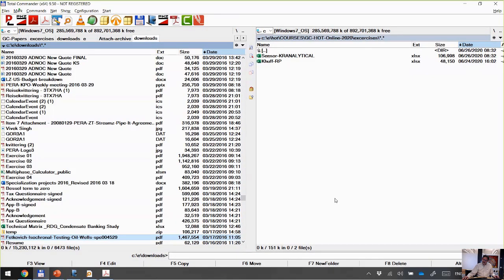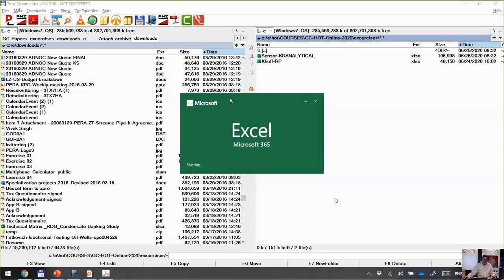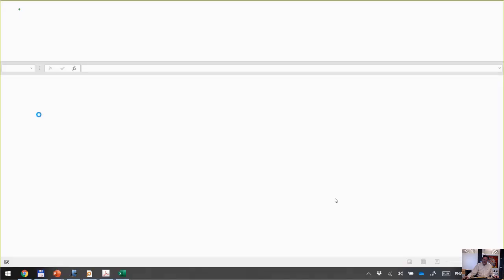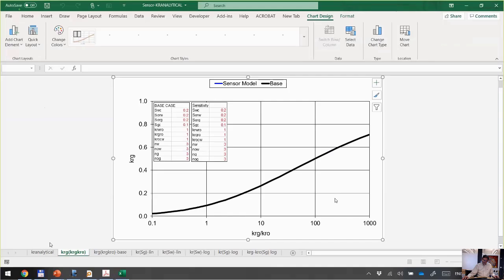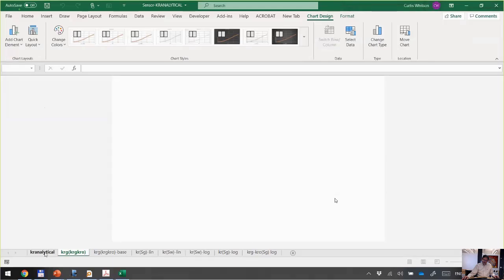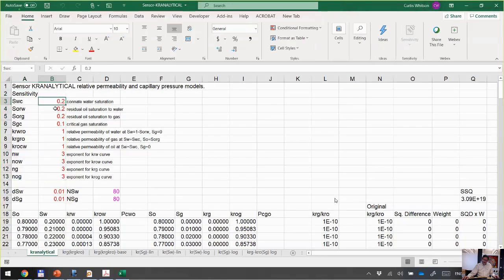You'll be getting this in the class. This is an Excel sheet that duplicates the method in the simulator called KR Analytical, where you can just give the Corey parameters, which are in red.